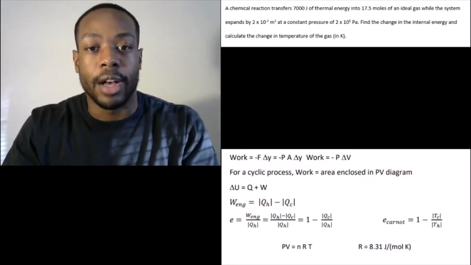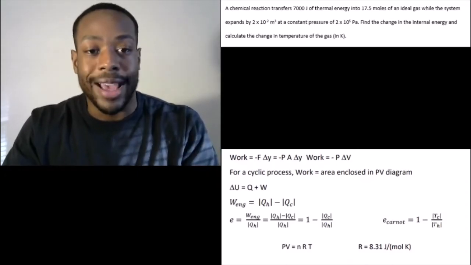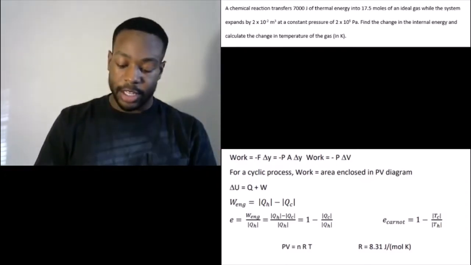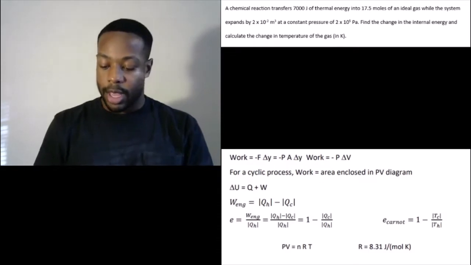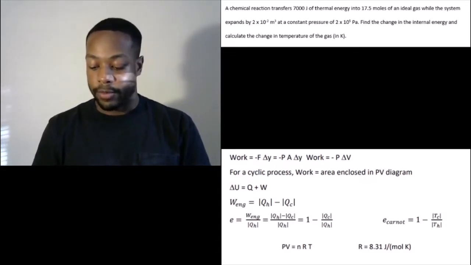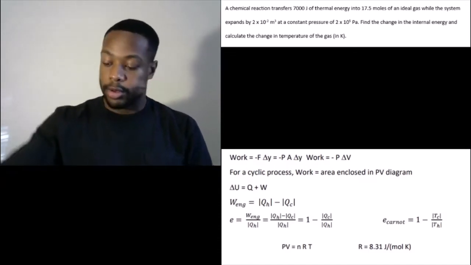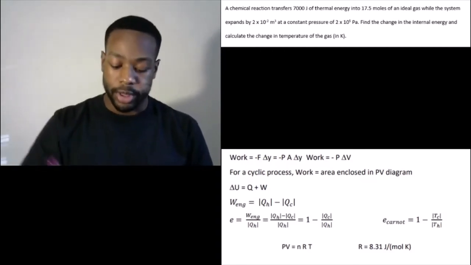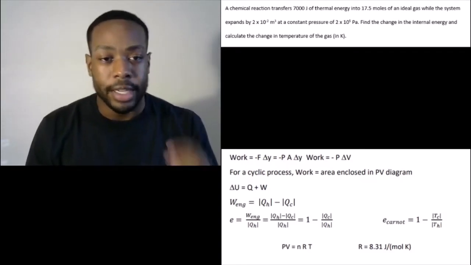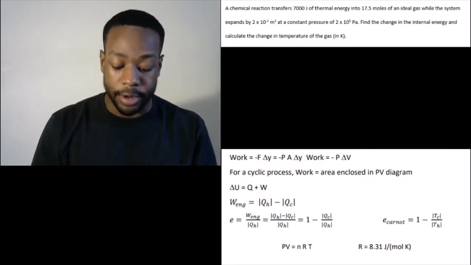We're inputting 7,000 to the gas, right? So 7,000 is positive, and the 4,000 is negative. So that's the idea here. It's tricky with the wording.